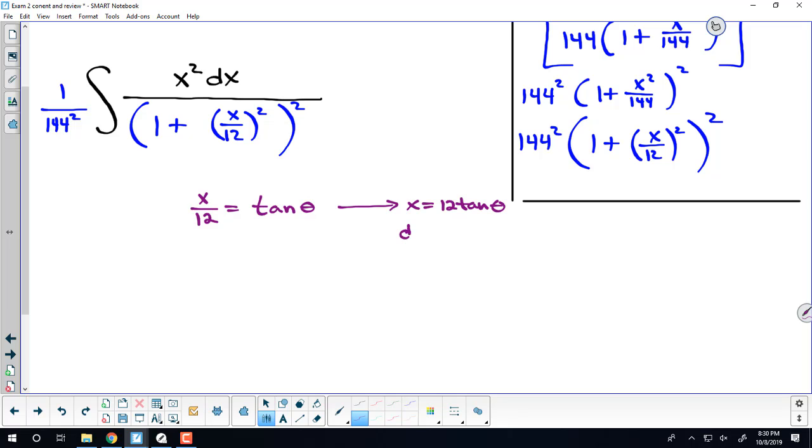We've got to account for the dx too, so dx is equal to 12 secant squared theta d theta, and our x squared is 12 squared tangent squared.